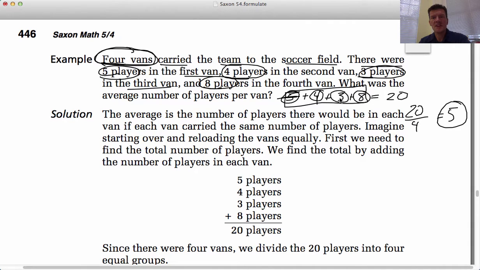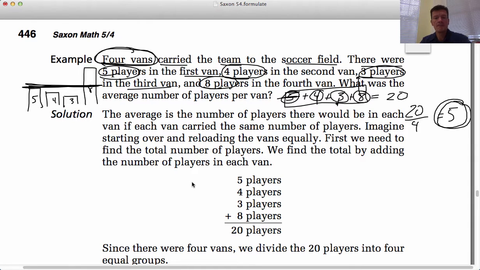So maybe if I was to draw a diagram here, if this was 5, then 4, and 3, but then you've got 8, and you can kind of see the middle of all of these bar graphs, if you will, these values, is maybe right there around 5, and that's what we mathematically calculated as well.